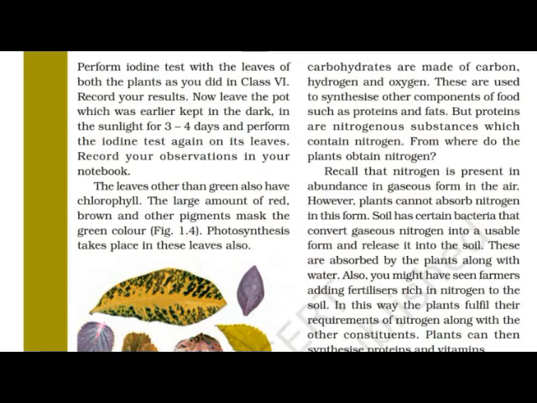I think in the lesson on air we have learned that air is a balanced mixture of gases. Air contains nitrogen, oxygen, carbon dioxide, and many other gases along with water vapor. We also know that the proportion of nitrogen in air is the highest, that is 78%.